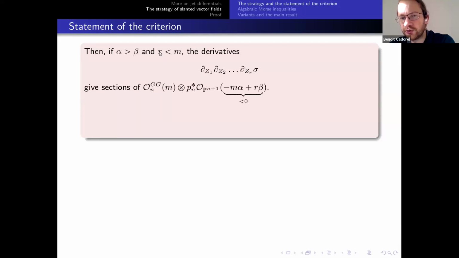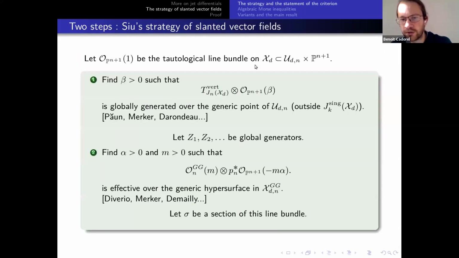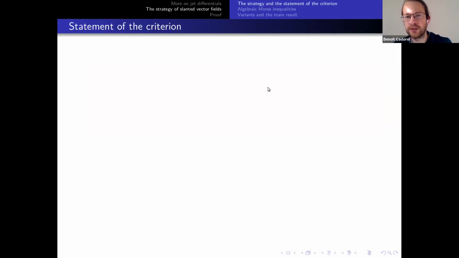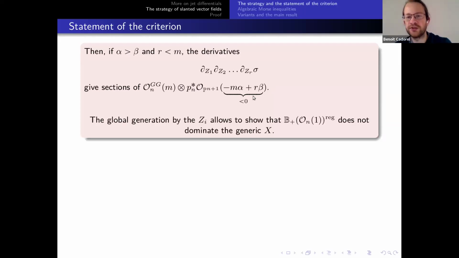So as long as you don't take R too large, and as long as you were able to prove the two steps before with alpha larger than beta, so you have to prove effective results with alpha larger than beta, then you get negativity here, and you get many differentials that you may use to prove that this augmented base locus, at least outside the singular jets, does not dominate X if X is the generic hypersurface.